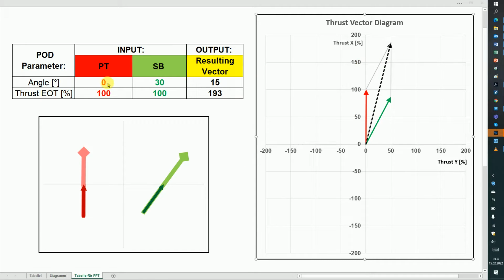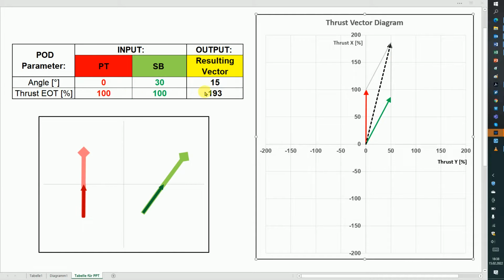For the time being, it's port 0 degree and starboard 30 degree, as you see here, and both with 100%, so we see the results better. What we see here is, for this configuration of 30 degree, the resulting vector points in 15 degree, and the length of the resulting vector is nearly double of the single pod version.